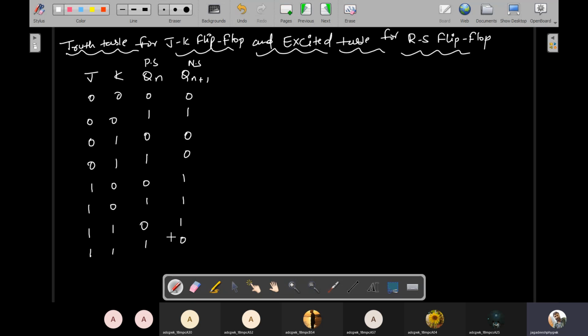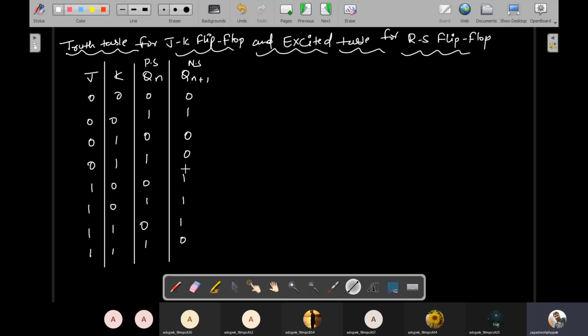This is called the toggling condition. So this is about your JK flip-flop truth table. You have to underline like this, and you have to write the truth table in this manner only.